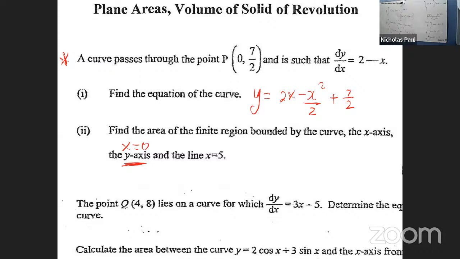Right, so that's the equation, integrate now between 5 and 0.